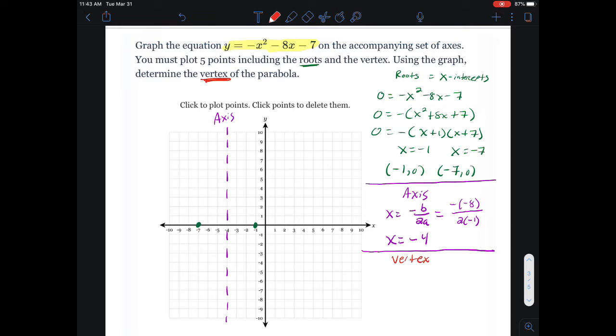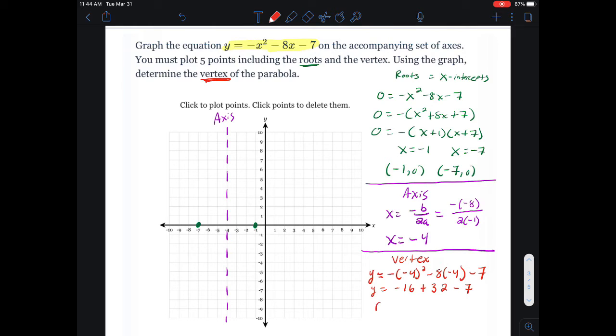To find our vertex, we take our axis of symmetry, we put that x value in for all the x's. And then we evaluate. So we do that, and we're going to get y equals negative 16 plus 32 minus 7.